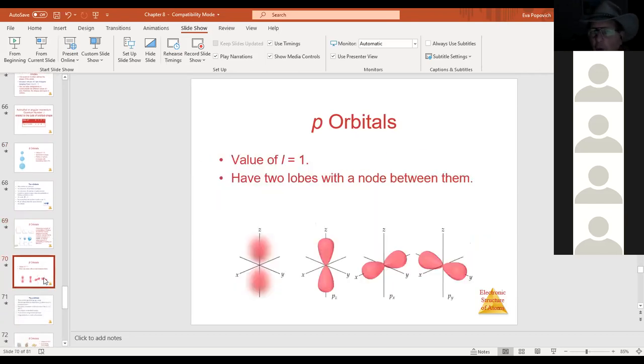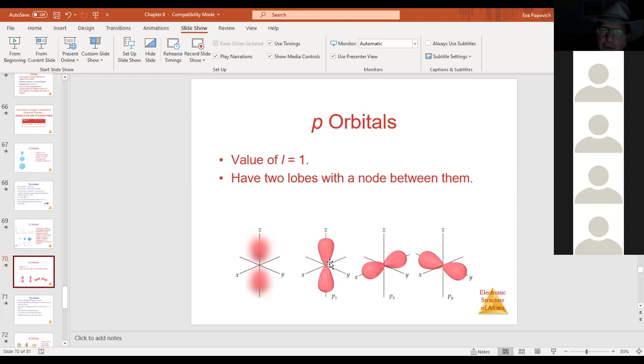If I have an L value of 1, I have a p orbital. A p orbital has two lobes with a node between them. The node is where the electron cannot be. What you see on the left is a better example of what a p orbital looks like, but you'll see them drawn out looking like a balloon that's been squeezed in the middle.